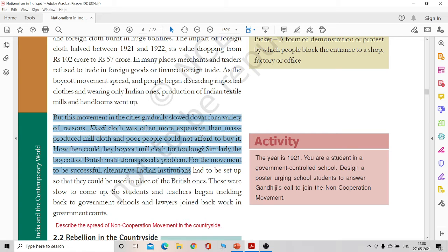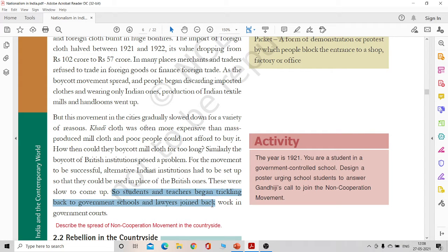At the same time, there was another situation that cropped up. All the students, teachers, lawyers, government workers and judges who left their place of work and place of education had no alternative, right? For the movement to be successful, there were no alternative Indian institutions at the time.